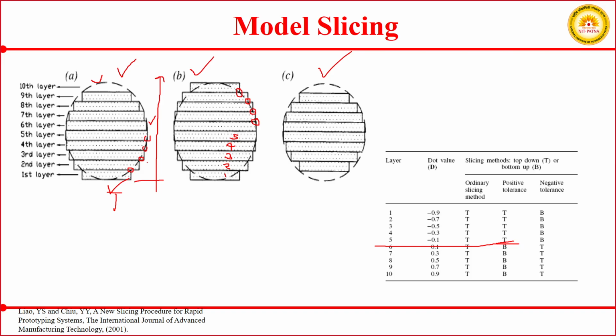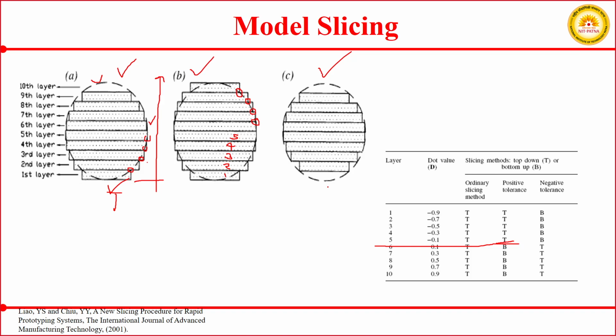Okay, so in this case we have to rethink about this, and for slicing this particular component we have to go with negative tolerance. Okay, negative tolerance, that we have to always choose the undersize of your given layer.